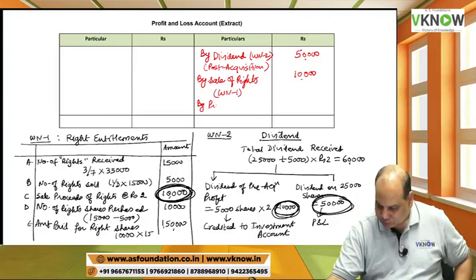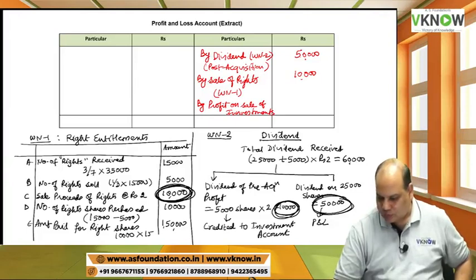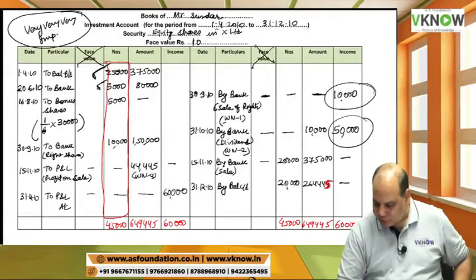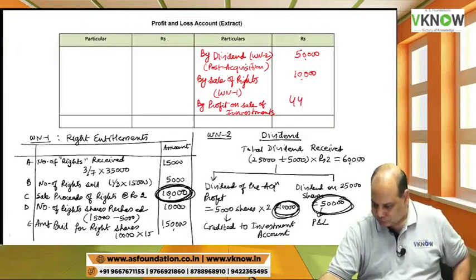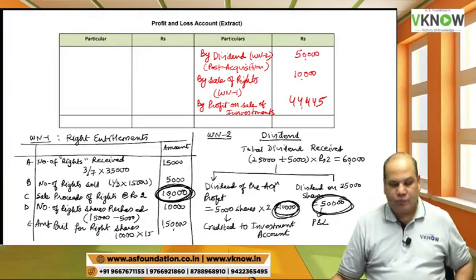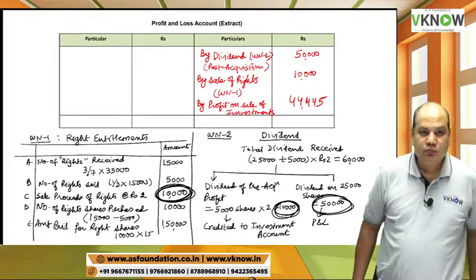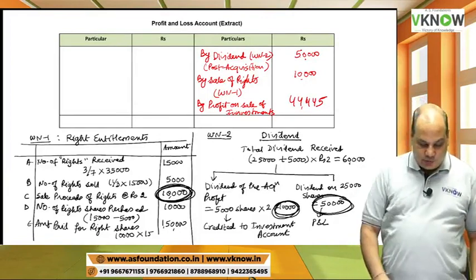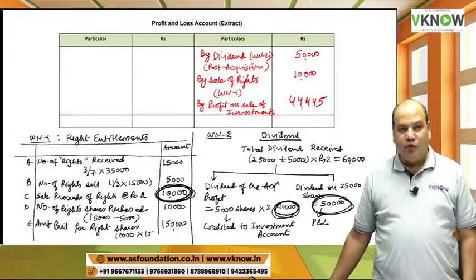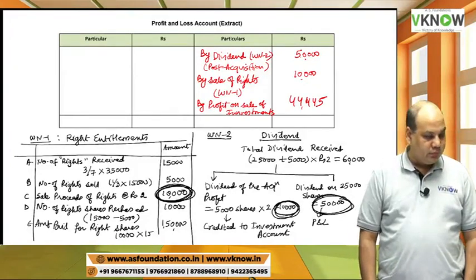By profit on sale of investment, this figure 44,445. So these are the various incomes from dealing in this investment. That is the advantage of preparing investment accounting.